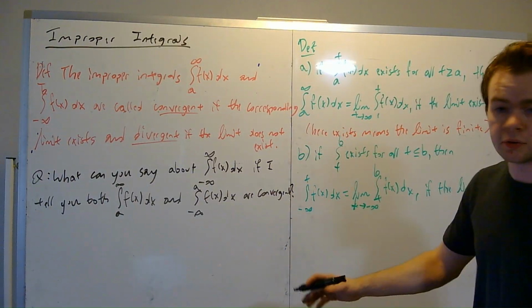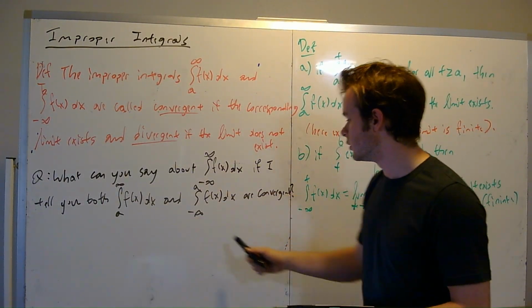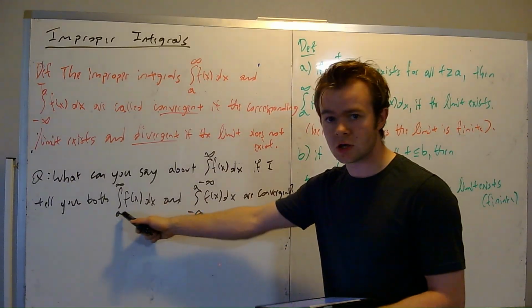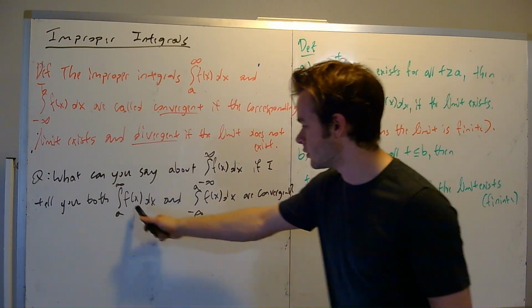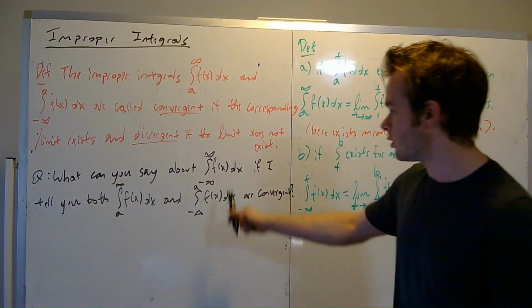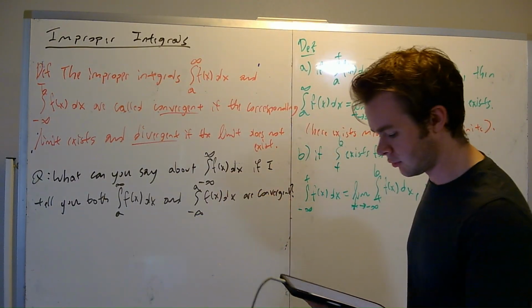Okay, so if both of these two are convergent, well, we can try adding them, right? If both of these are finite and they exist, then we can just try adding them, and that should actually give us this integral here.